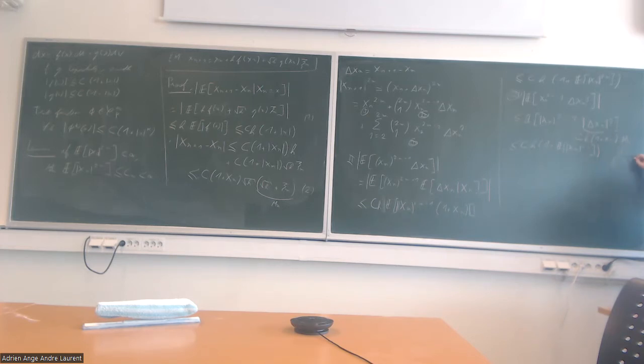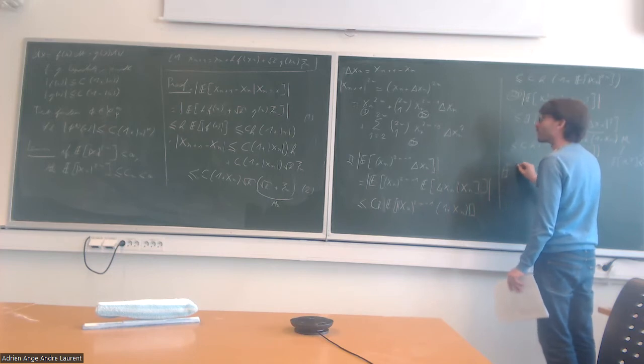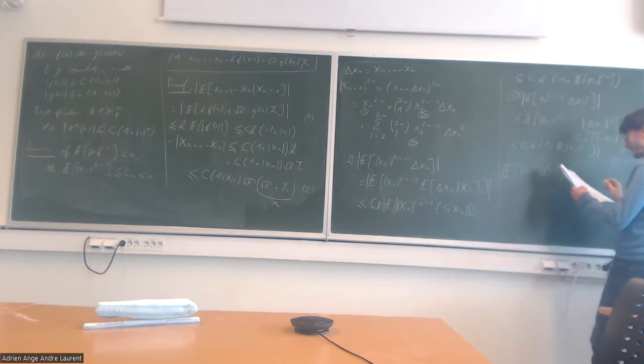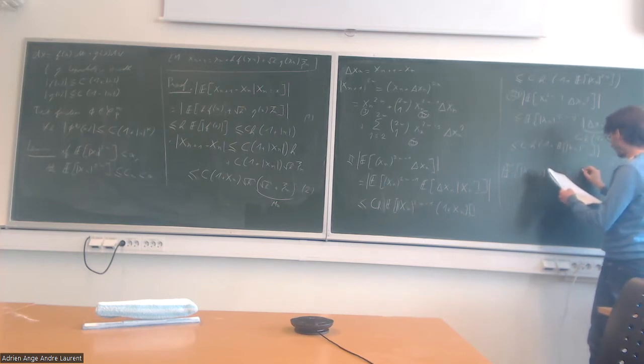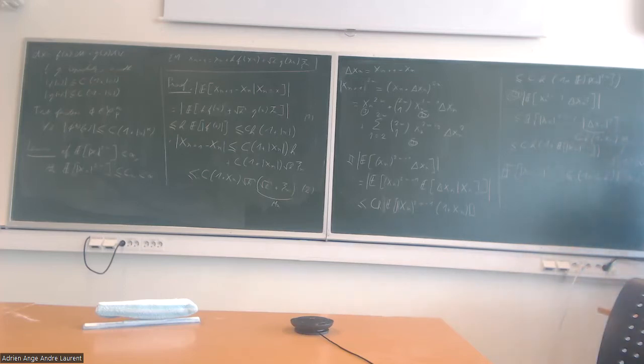Mn power was less than a constant, completely independent of it. So in the end, what we've proven is that the expectation of x_{n+1} to the power 2m is less than (1 plus a constant times h) multiplied by the expectation of x_n to the power 2m.